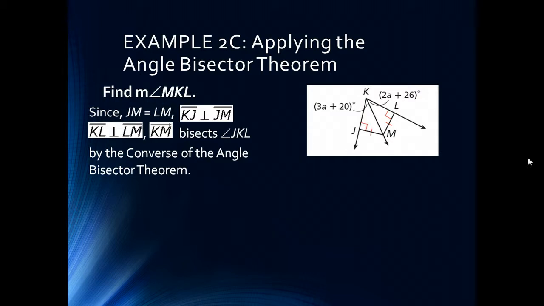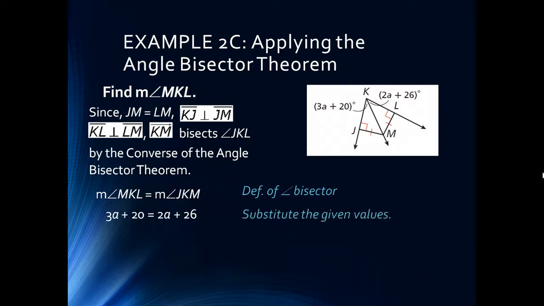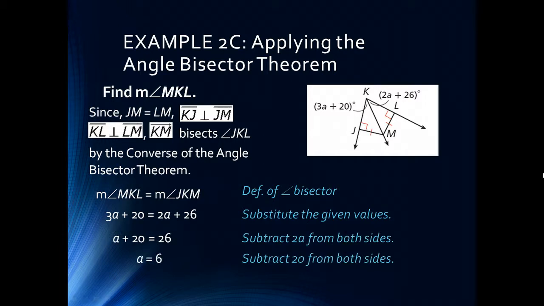This is by the converse of the angle bisector theorem. That means that the measure of MKL equals the measure of JKM. So, if we substitute in the values that were given, and we solve for A, we get that A equals 6. To find the measure of MKL, we substitute in 6 in place of A in the expression for MKL. 2 times 6 plus 26 equals 38.